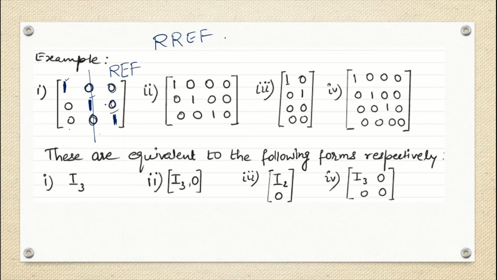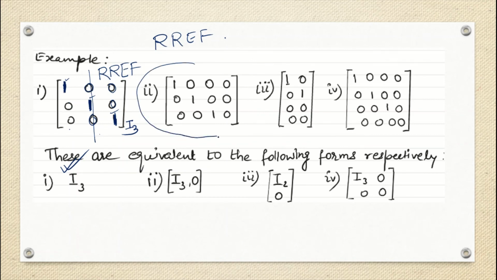Right now, the only non-zero number is the number 1, and all other elements are 0. If this condition gets satisfied, we say that this is reduced row echelon form. This arrangement of numbers is nothing but the identity matrix, your I3. So this I3 is your reduced row echelon form.